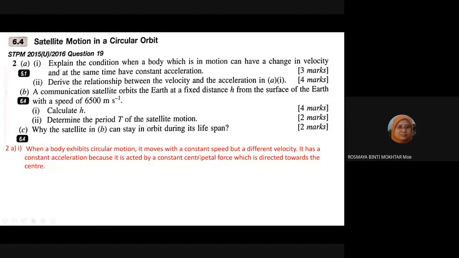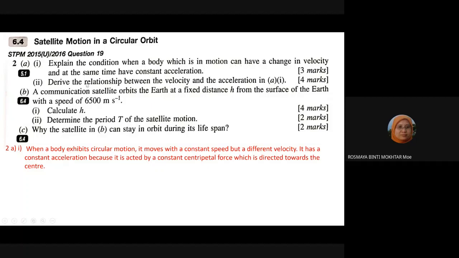In this chapter the centripetal force is provided by the gravitational force. This is what is meant by the constant centripetal force, which is directed towards the center. So this is the condition for the body which is in circular motion.